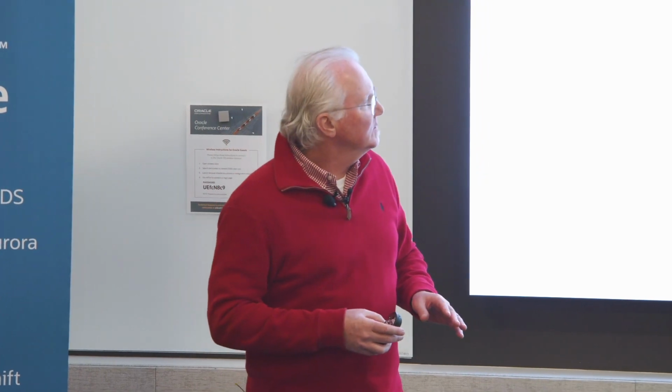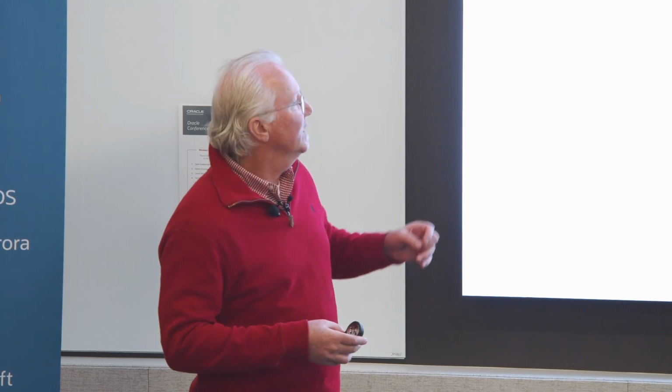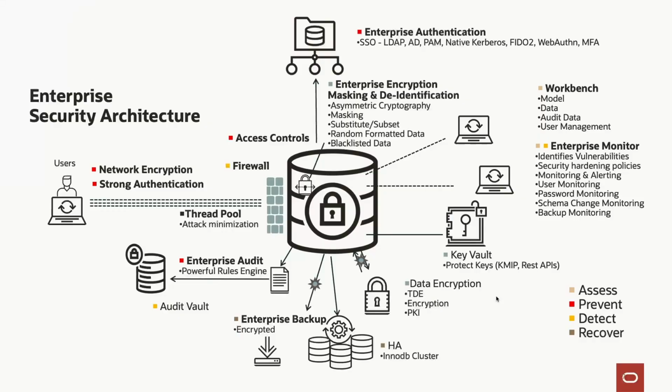Cryptography is great until it's not great, and when it's not great is when the keys aren't managed well. Developers especially are bad about managing keys and other sorts of secrets. So we have a key vault, a key ring inside of MySQL, and you can even put your own secret information onto that key ring, and it'll get stored in a key vault.